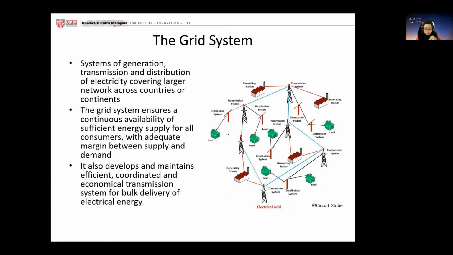So you're not going to produce only enough, because what happens if one power plant shuts down? You're going to have problems in terms of blackouts, right? You're not going to be able to meet the supply. So the grid system also develops and maintains an efficient, coordinated, and economical transmission system for bulk delivery of electrical energy, right?